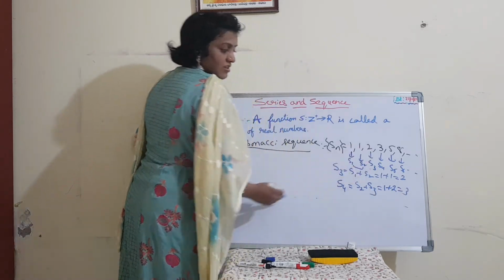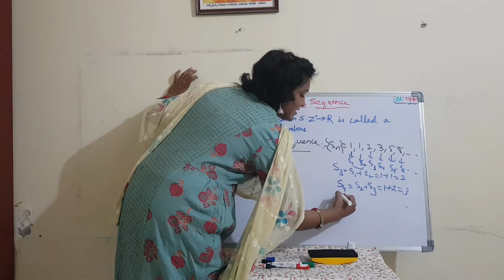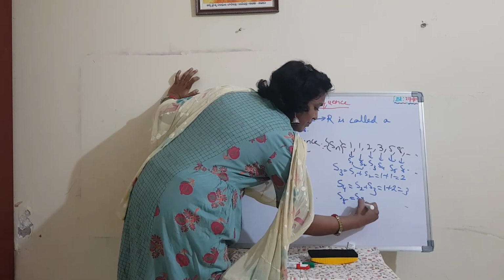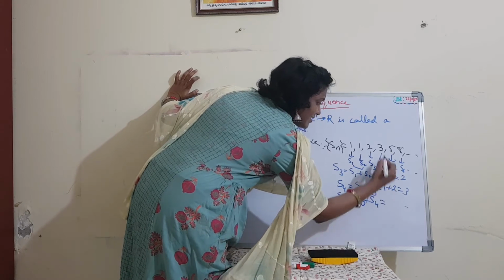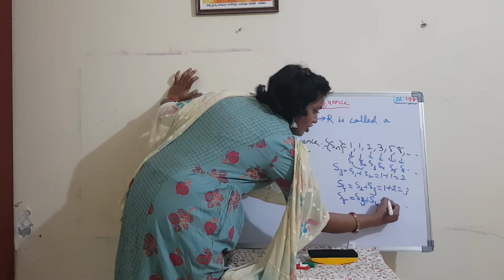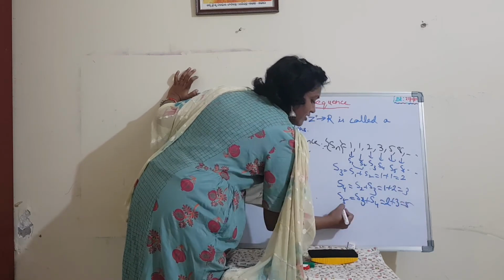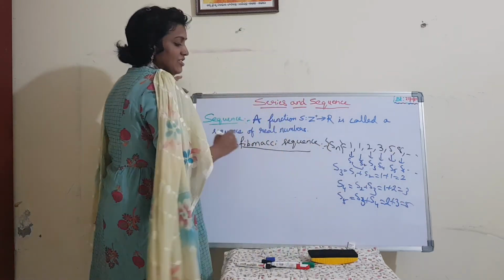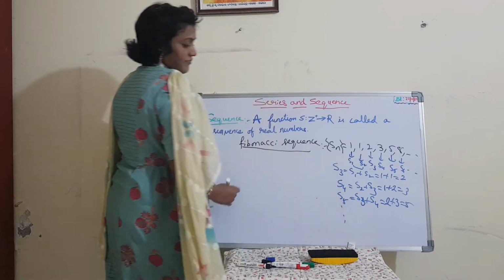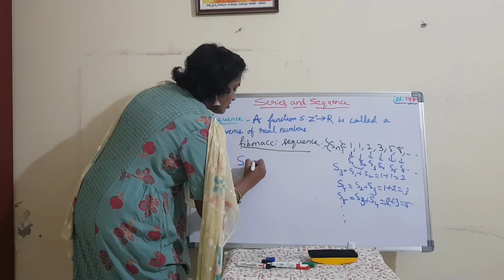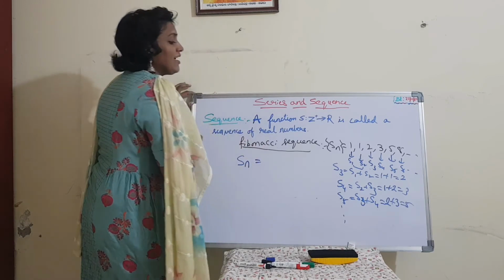See, here S5. What will we get? S3 plus S4. What is S3? 2. Plus S4, 3. What will we get? 5. S5 is 5. Like that only.